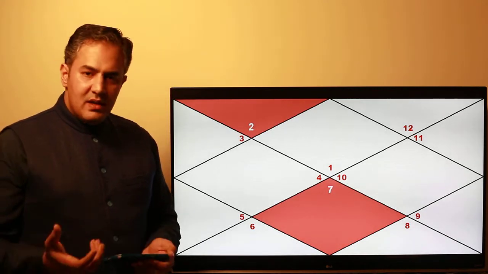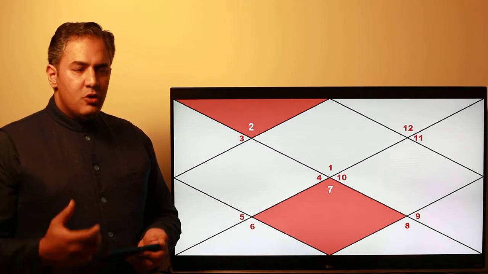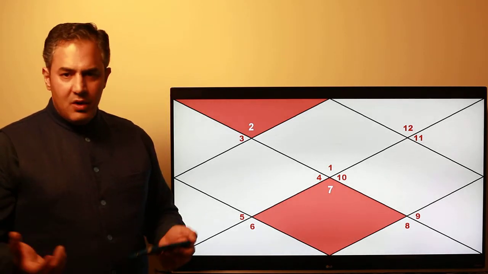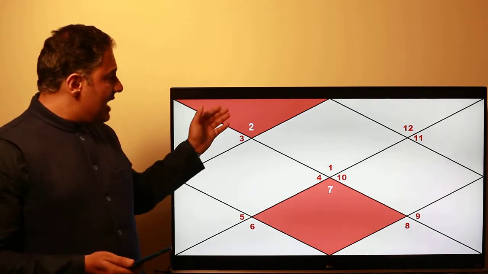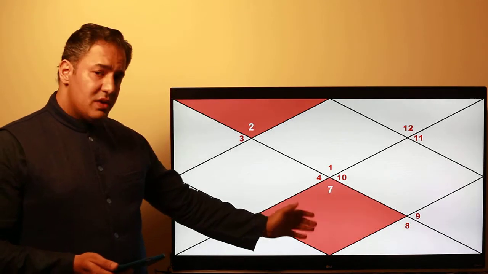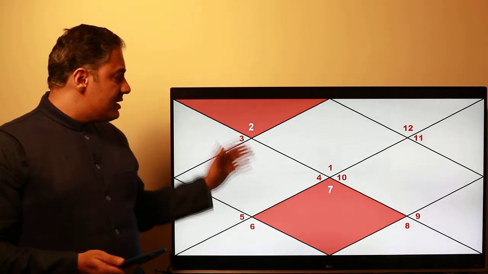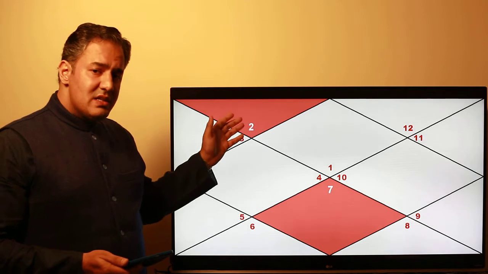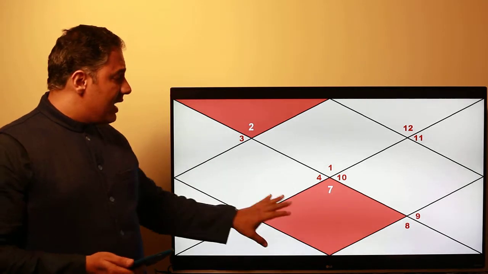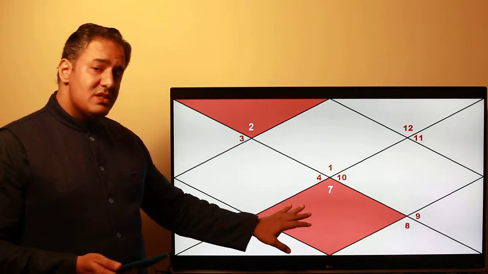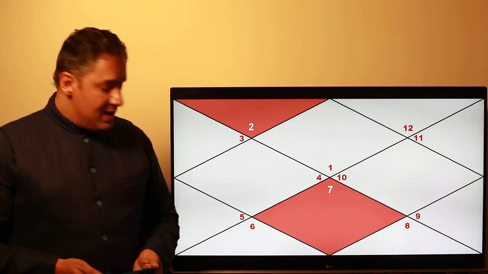It could be physical, it could be emotional, it could be financial, it could be something or the other. These houses really need deeper consideration and analysis. Now these two houses are the deadly houses.